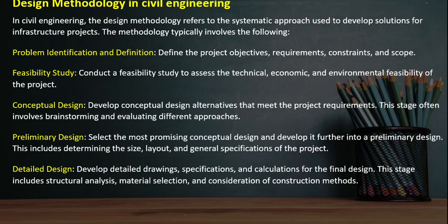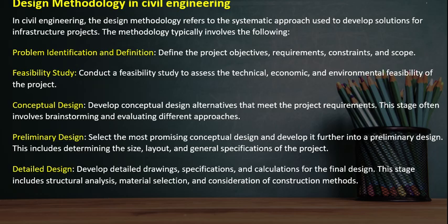Can you do the construction of the road? No, you cannot. Don't think too much. You cannot, because still you don't know what is inside the road, right? You still don't know what type of material you use. You still don't know the thickness of the layers. You still don't know the slope of the sides and so on. Got it? So when you do the layout, you are at the preliminary stage.